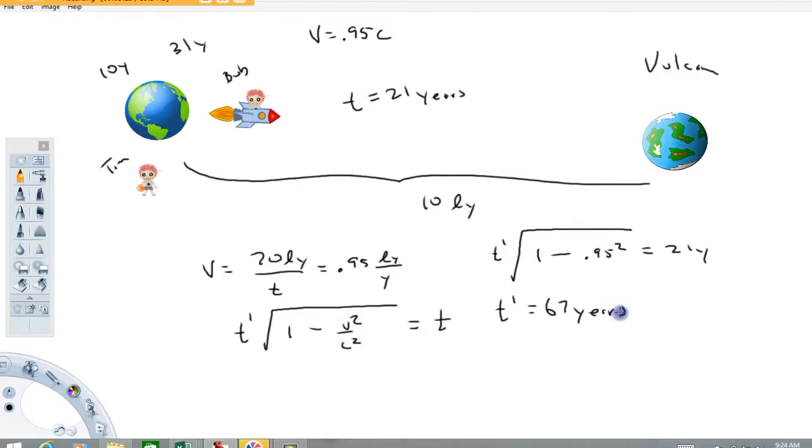I'm going to double check that one more time. 21 divided by the square root of 1 minus 0.95 squared, 67 years. Okay, so ages now, he's starting at 10 years old. Tim here is now 77 years old. Bob is coming back at 31 years, and they now look drastically different.